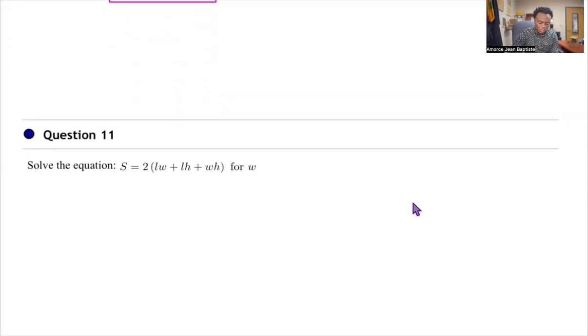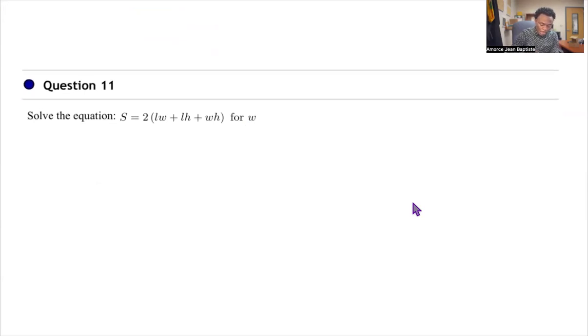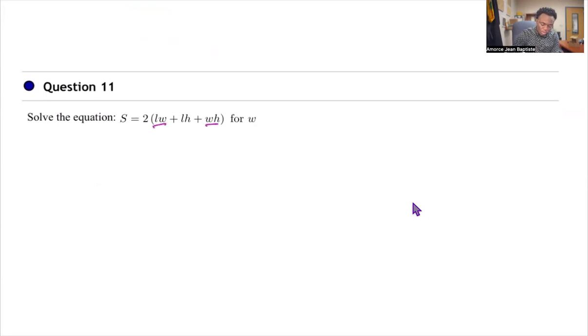This one we're solving for W. If we're solving for W, then W is here, W is here. I'm going to distribute, okay? To make my life easier here, I just distribute. S equals 2LW, I'm gonna move this closer, plus 2WH, and then plus 2LH, right?